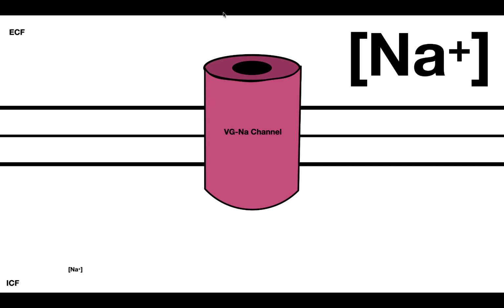Now, in order to open these channels, you need a specific voltage. The voltage change that's going to occur for the voltage-gated sodium channel to open is going to be something called a depolarization, or an increase in positive charge. So positive charge is going to move to the voltage-gated sodium channel, open it, and allow sodium to flow down its electrochemical gradient into the cell.